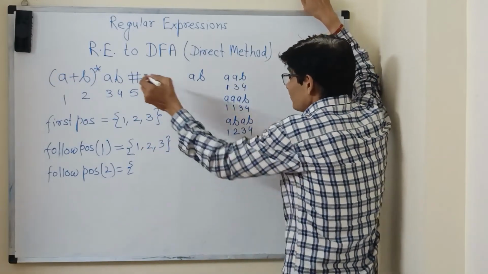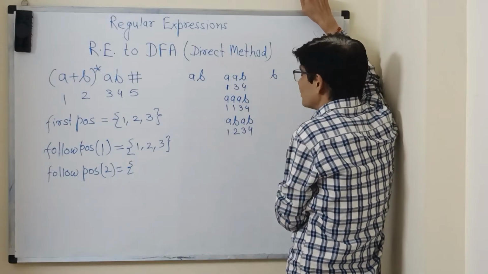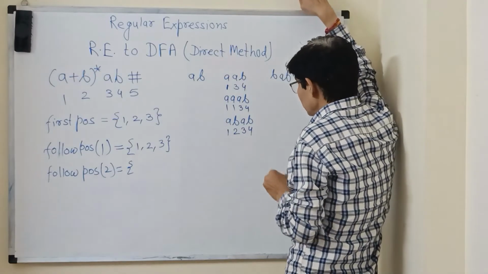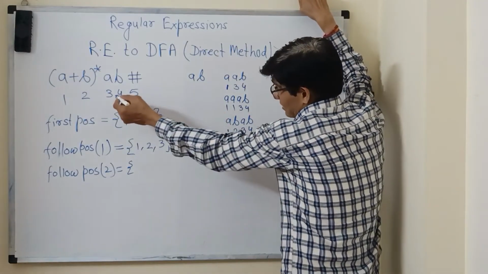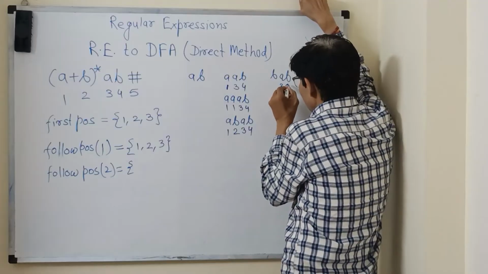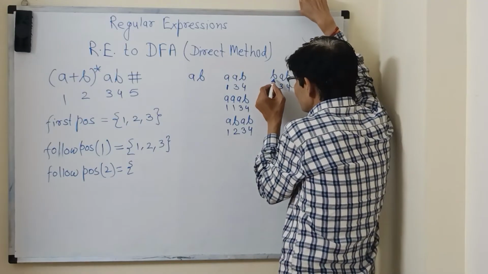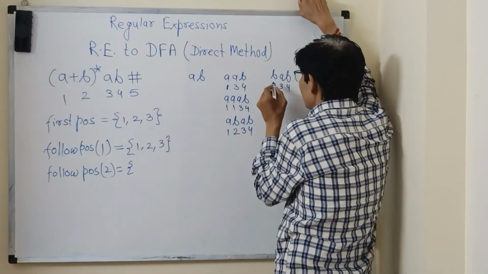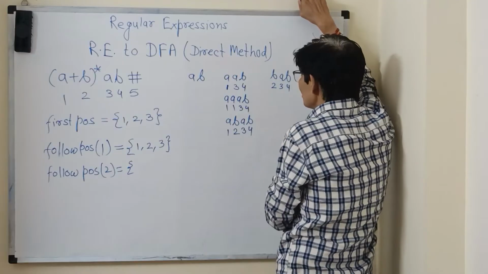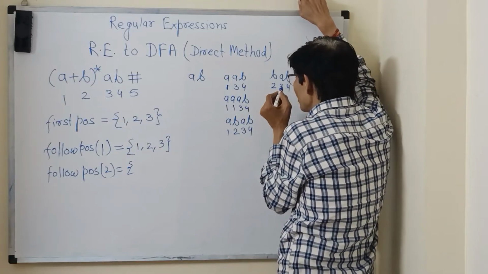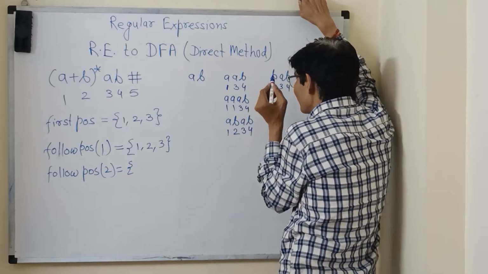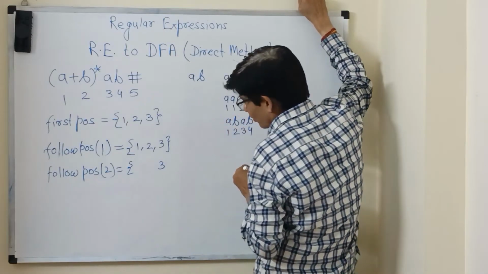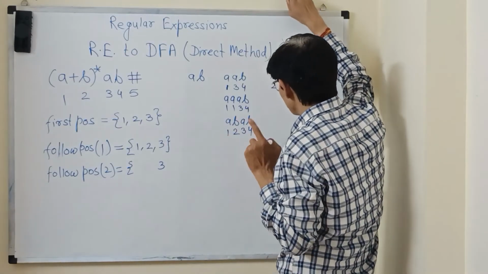So if we have only B from this Kleene closure, then the compulsory string would be AB, which is 3 and 4. And this B is coming from the Kleene closure. So inside the Kleene closure, the number assigned to B is 2. So 2 is being followed by 3. So we can include 3 in the follow of 2.